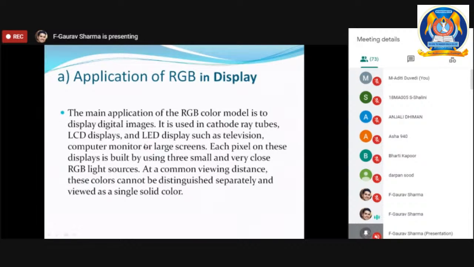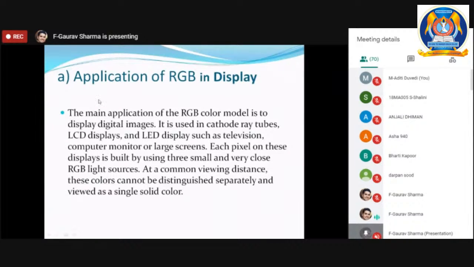So LED displays such as television, computer monitors, and large screens use this way of display. Each pixel on these displays is built using 3 small and very close RGB light sources. At a common viewing distance, these colors cannot be distinguished.